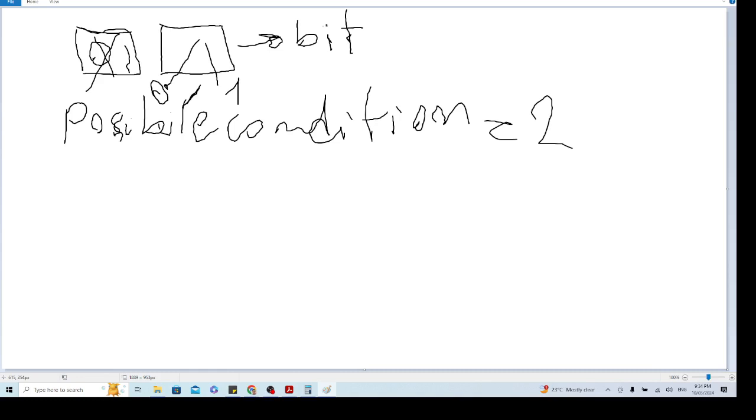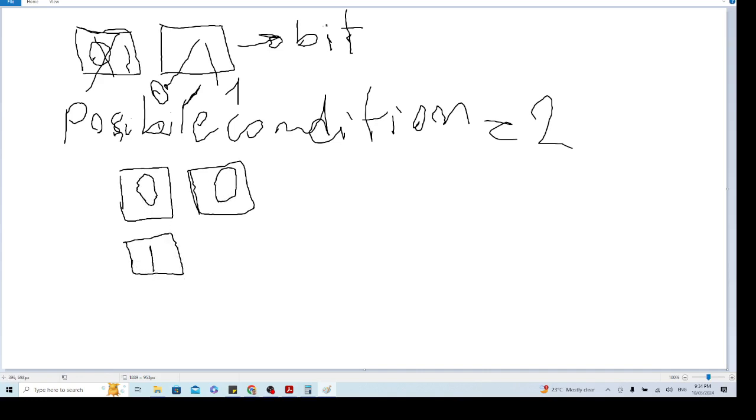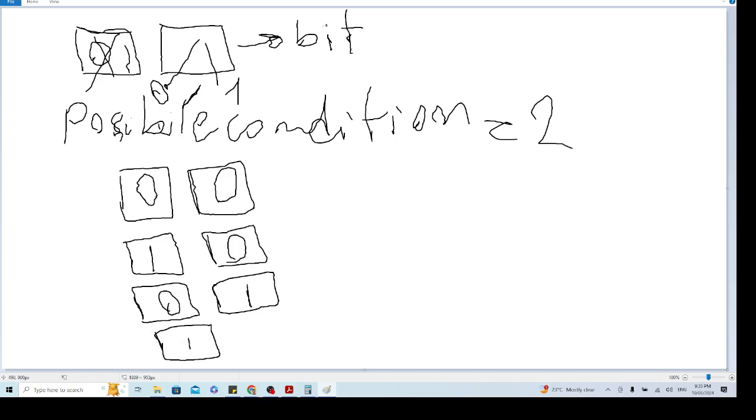So let's write down the possible conditions for these two boxes: zero, zero, or one, zero, or zero, one. All right? Or one, one.